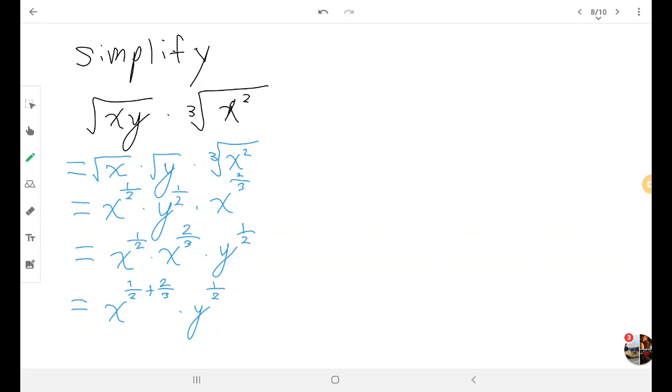So then I want to do a little side work here, and I want to figure out 1/2 plus 2/3. Need a little more room there. And whenever you add fractions, you need common denominators.